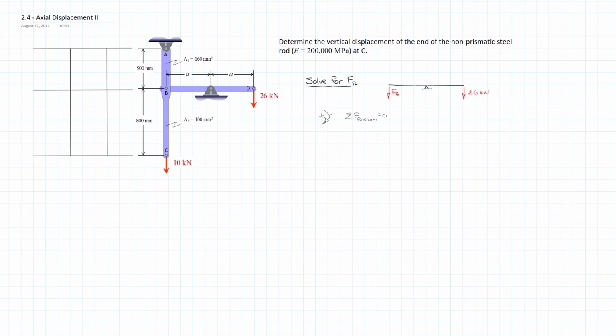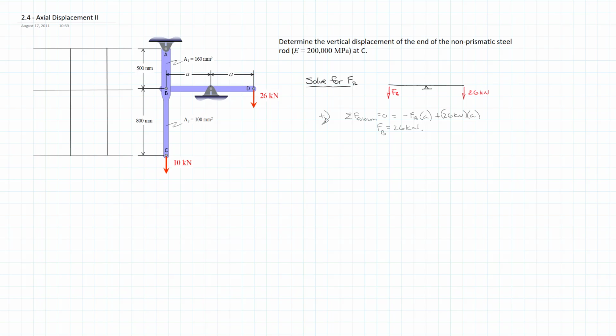We use clockwise as positive, and that would be equal to negative FB times the distance A plus 26 kilonewtons times the distance A. So F at B is equal to 26 kilonewtons.